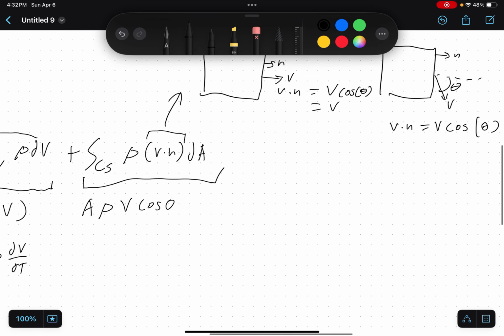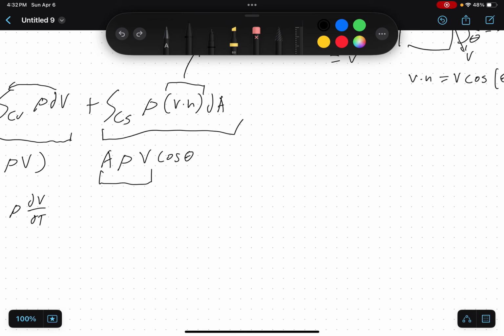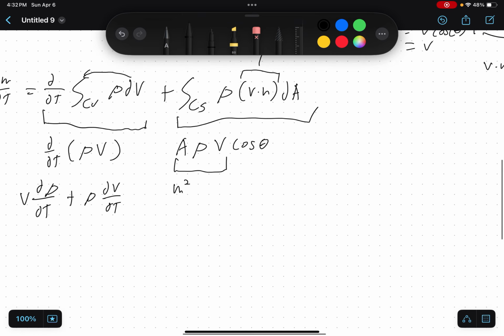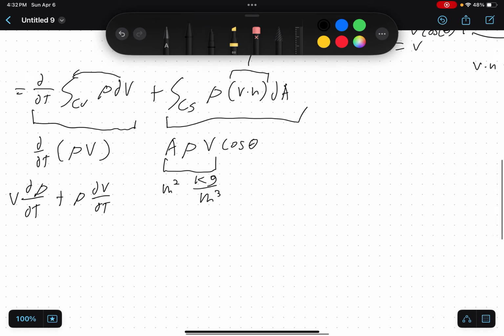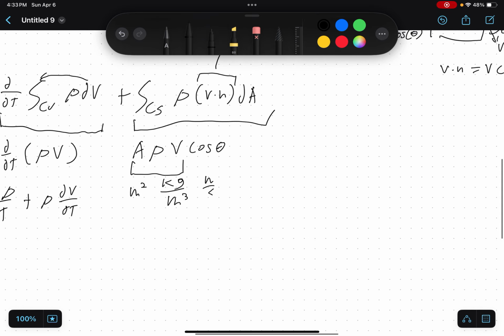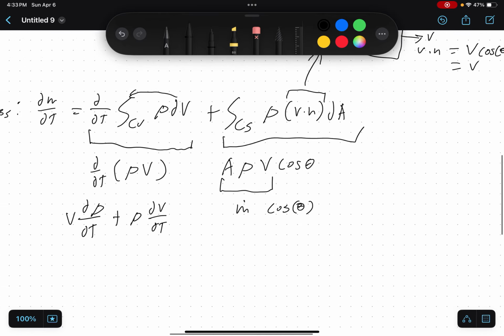That's because A has units of meter squared, rho has units of kilogram per meter cubed, and V is meter per second. So that cancels out, and you're left with kilogram per second. So this is m dot times cosine theta. That's literally what it boils down to.